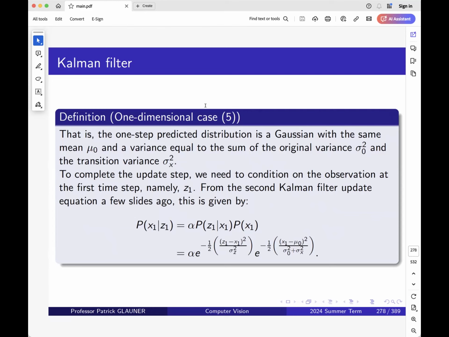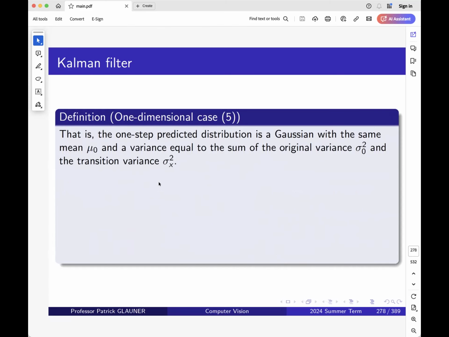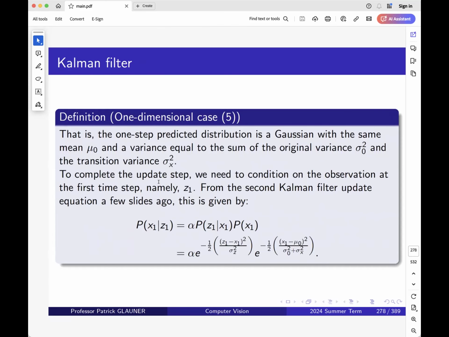What we have done now is find the distribution of P(x1), but we also now have evidence coming in. And if you remember our equations from before, from this general temporal model, it was something like P of z1 given x1 times the prior of x1.